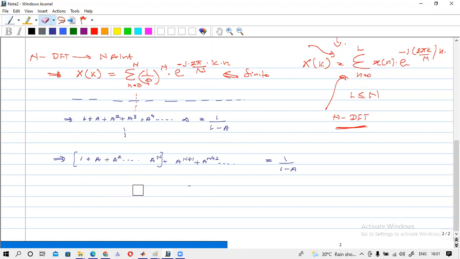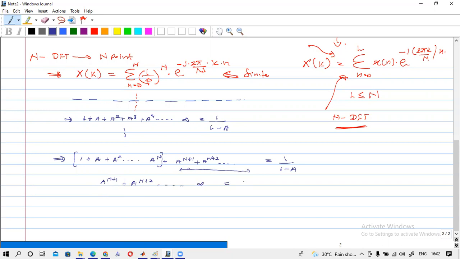Does anyone have an idea how to get rid of these terms? It should be possible. I can write these terms: a to the n plus 1 plus a to the n plus 2 up to infinity.